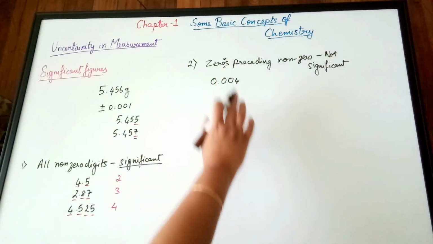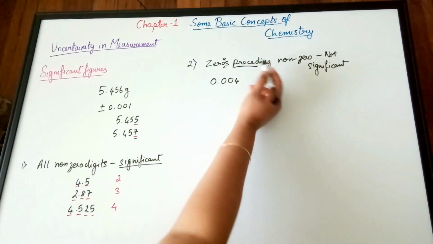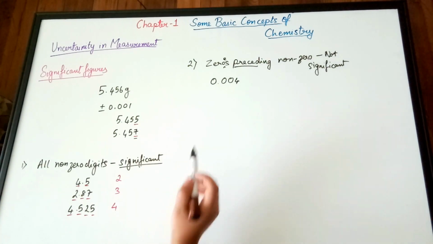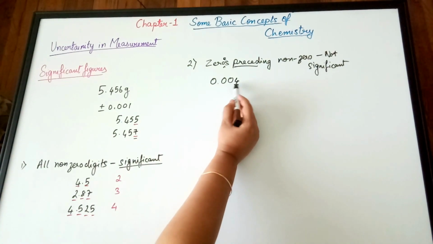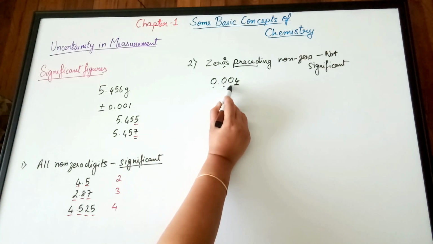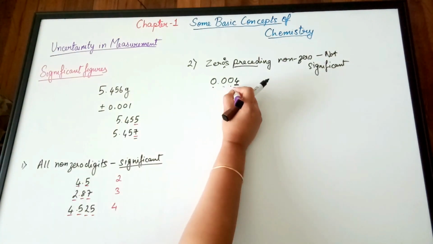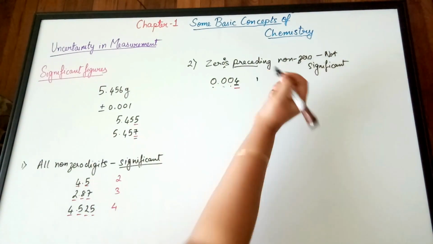Here, preceding means before. So before this 4, which is a non-zero digit, these three zeros are not significant, making the number of significant figures in this number only 1.